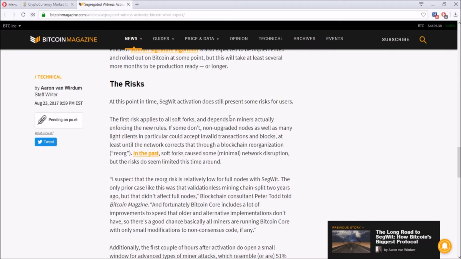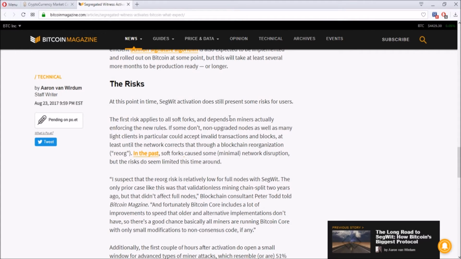If they don't, non-upgraded nodes as well as clients could accept invalid transactions and blocks. This will cause some inconvenience to the miners, because they have to come up with new Segwit addresses. Bitcoin itself does not change, but mining and sending Bitcoin, which address to send to, that changes.